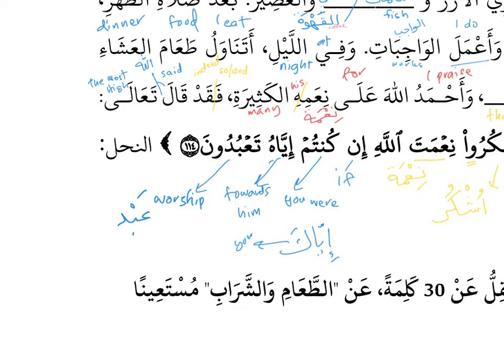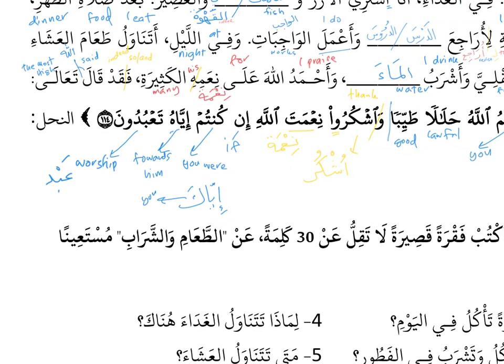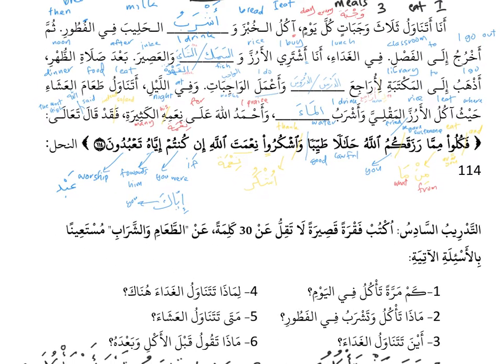Iyyahu ta'budun. Okay, so the meaning of the whole sentence, fakulu mimma razaqakumullahu halalan tayyiba, and eat from what Allah has given you as sustenance, which is halal and tayyib and good. Washkuru ni'matallah, and thank Allah, thank for the ni'mah of Allah, if you were worshipping Him, if you really worship Him.